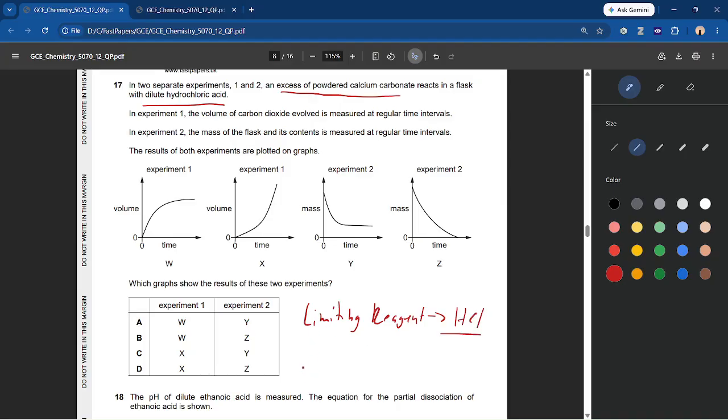So as a result, the graph should flatten over time. So because of that, we can immediately cut out Z and X. So any answer that has Z and X in it is going to be wrong. So our answer is A.